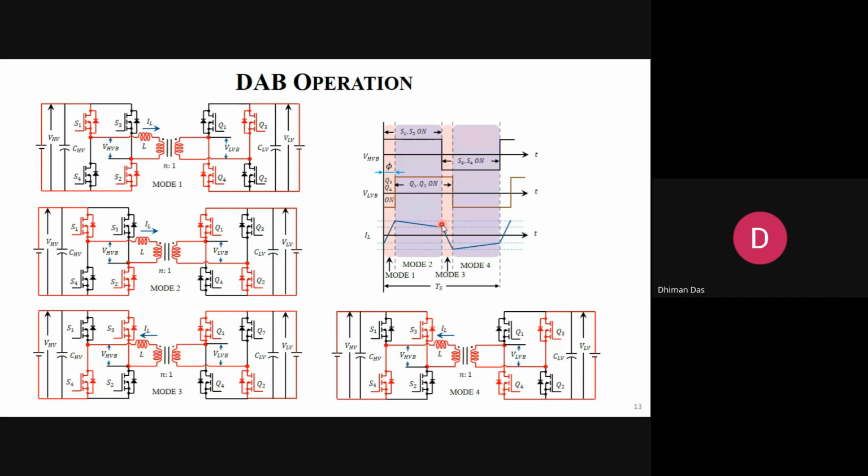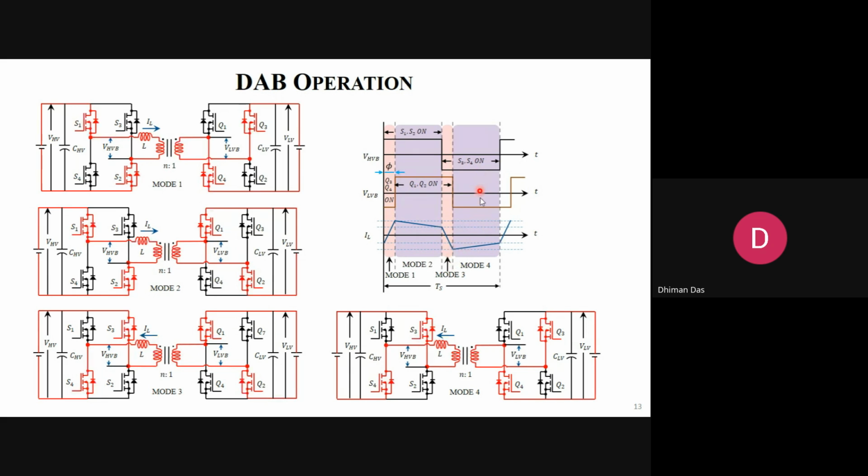Similar action occurs at mode 3, where the high voltage side bridge is negative and the low voltage side bridge is positive. That means if you calculate the polarity of the current with respect to the high voltage side, it is going towards negative.